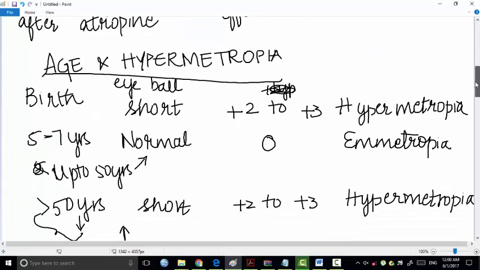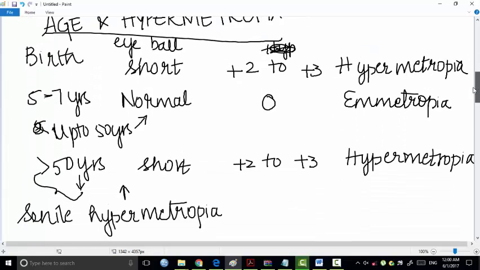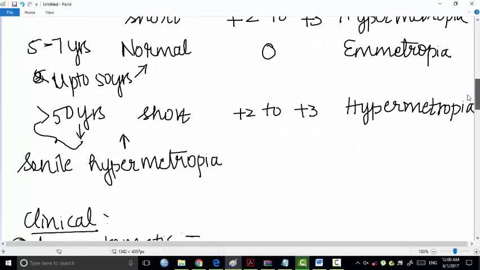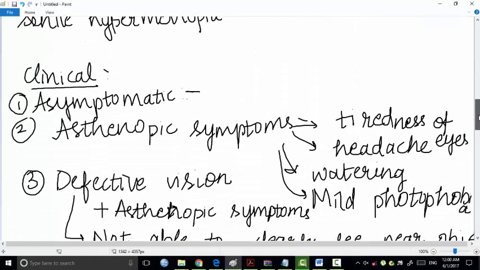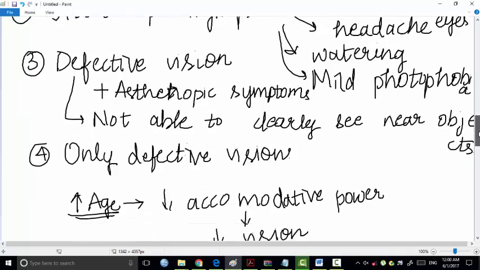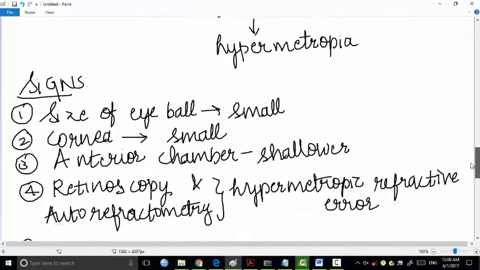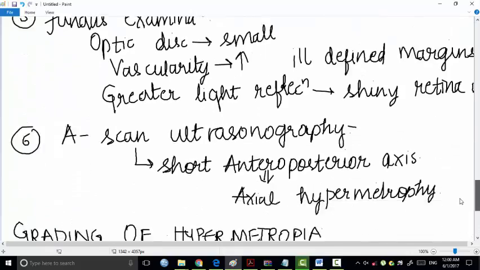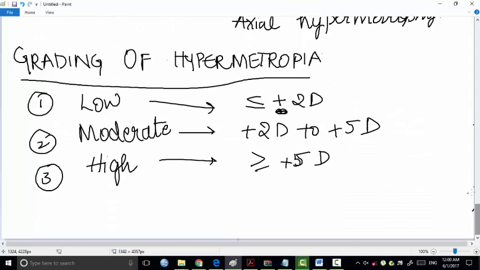Now age related hypermetropia, how it is for birth, 5 to 7 years, up to 50 years, all this is dealt, and clinical features are already dealt, and these are the signs of hypermetropia, grading of hypermetropia.